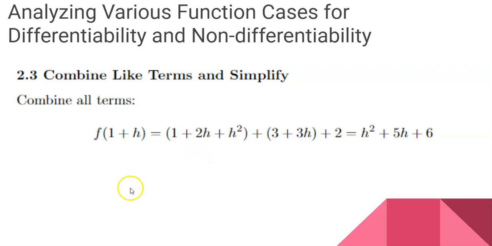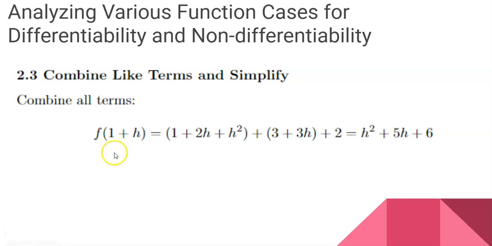Okay? We have f(1 + h) = 1 + 2h + h² + 3 + 3h + 2. We combine 2h + 3h, and that gives us 5h. And we combine 1 + 3 + 2, which gives us positive 6.